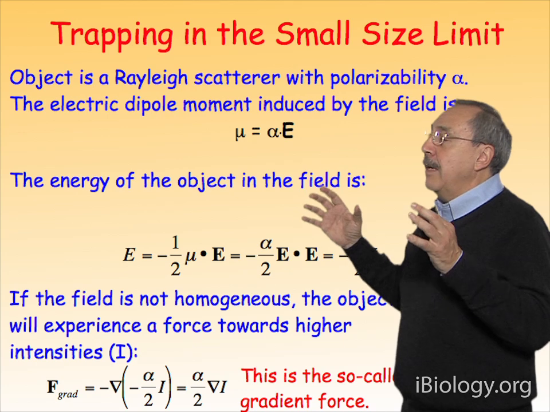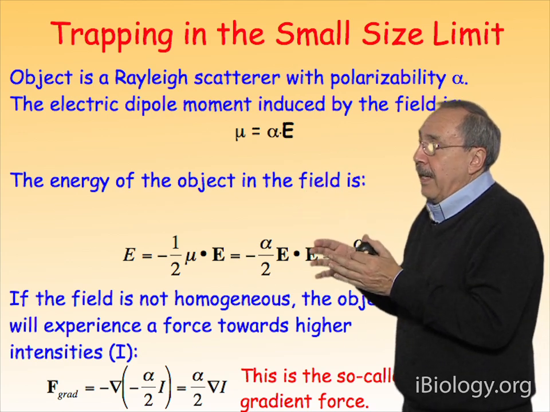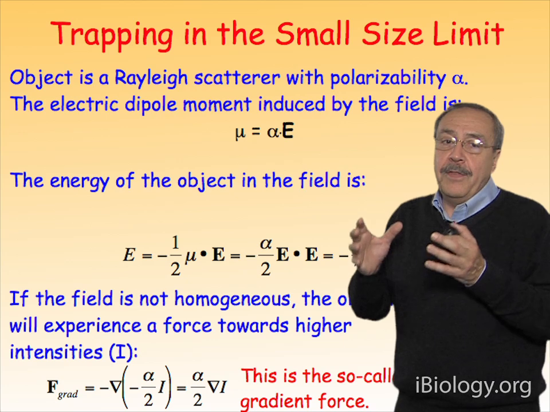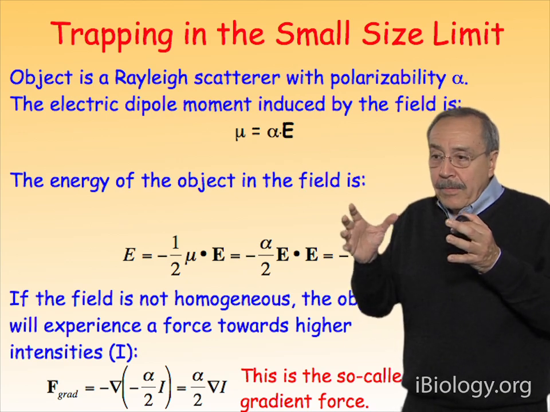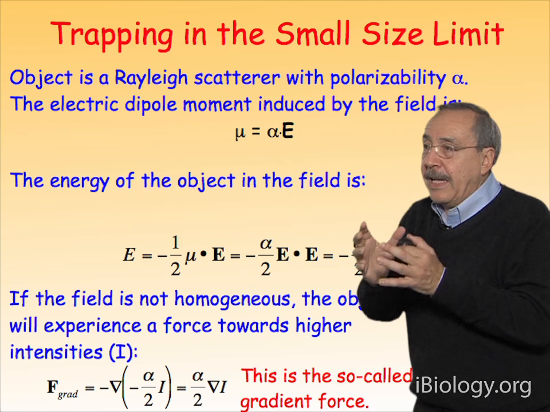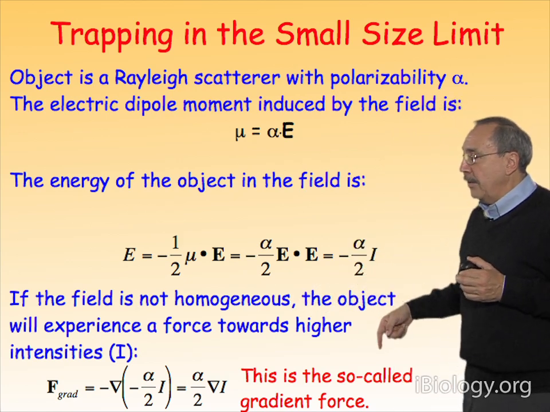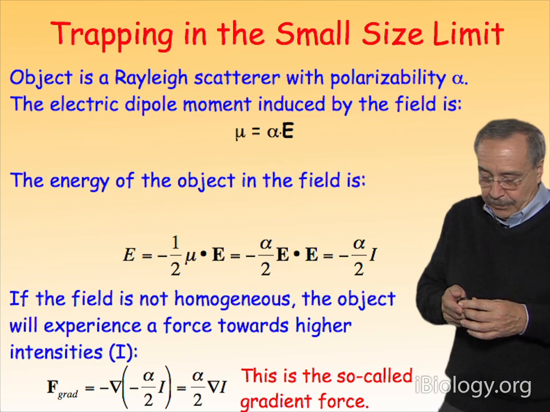So in fact, if the beam is not homogeneous but is being collimated by an objective, right, then what you will see is that the dipole moment will be attracted to the most intense part of that beam. And that's what we call the gradient force. Okay? So that's what we call here the gradient force.